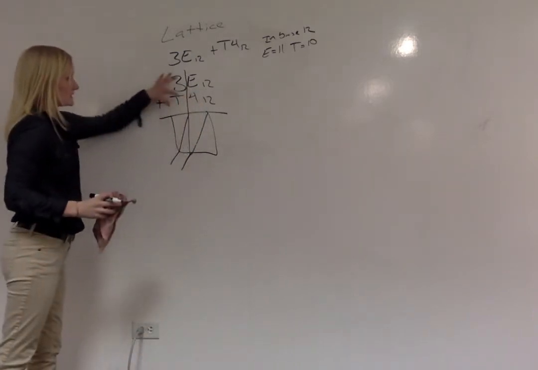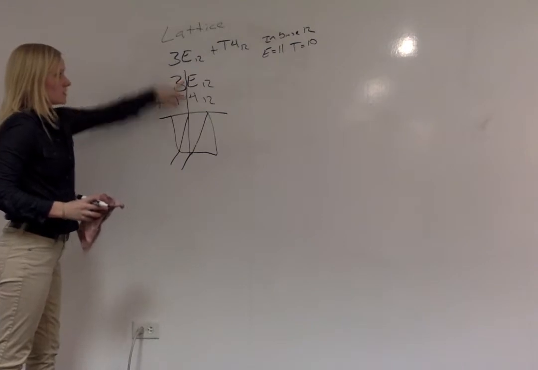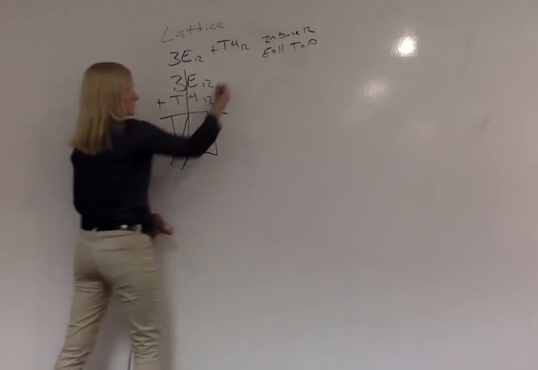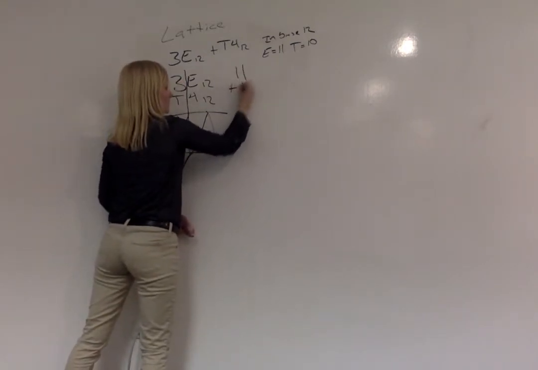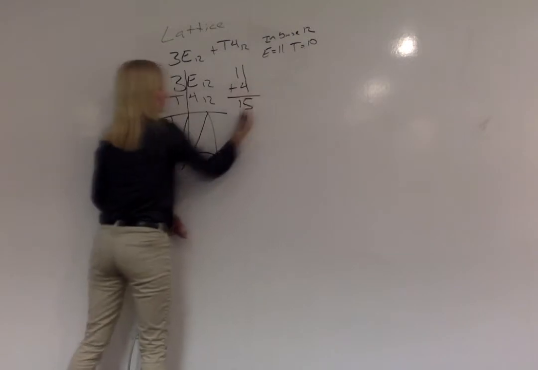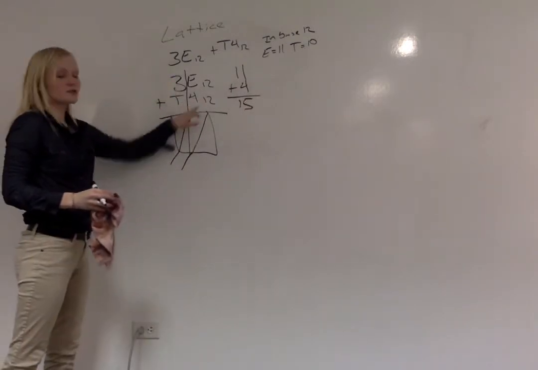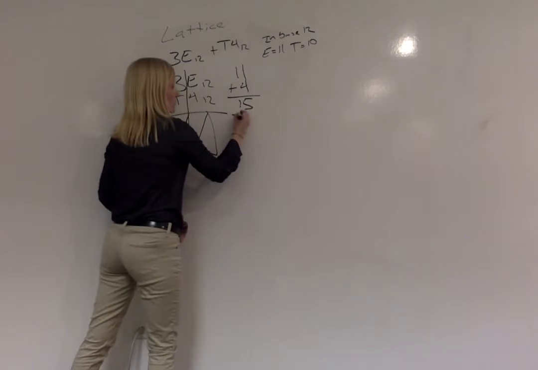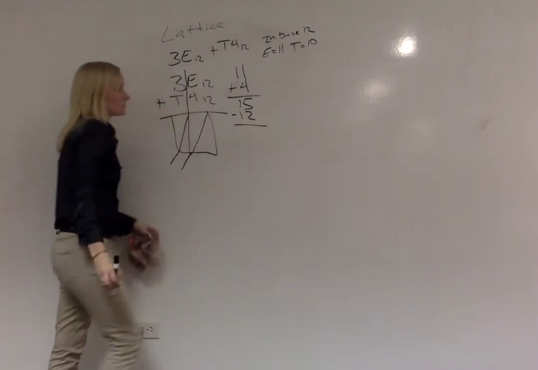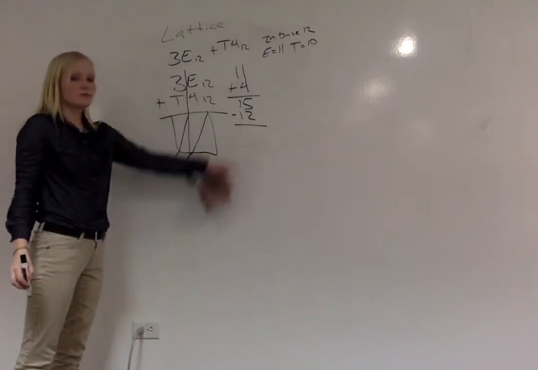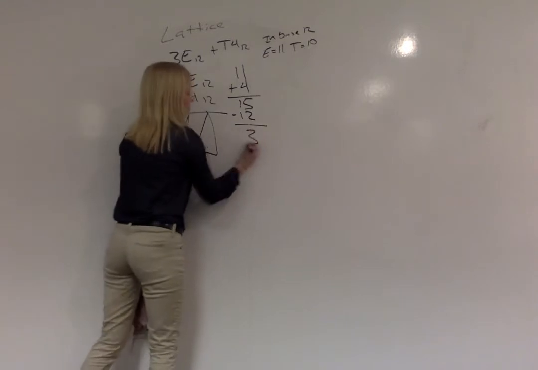First, we have to add these up like we would in the traditional. 11 plus 4 is 15. 15 is greater than 12, so we minus 12 out of there. Now, 15 minus 12 equals 3.